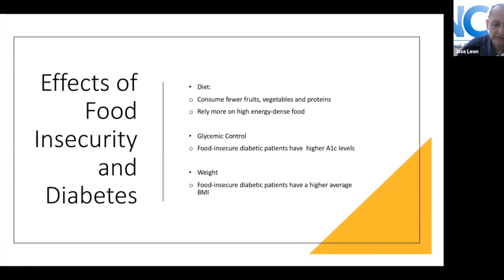And therefore, if the patient has diabetes, the patient will develop uncontrolled diabetes. In regards to glycemic control, food insecure diabetes patients have higher A1C levels, and in regards to the effects on weight, food insecure diabetes patients have a higher average BMI.